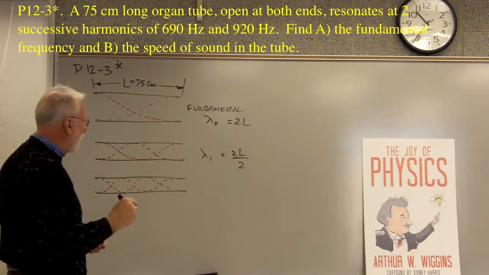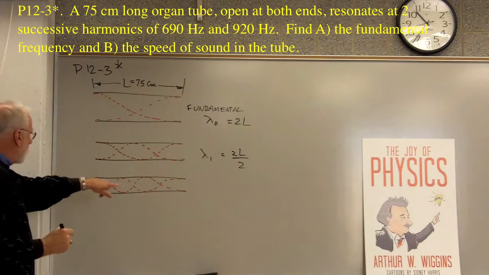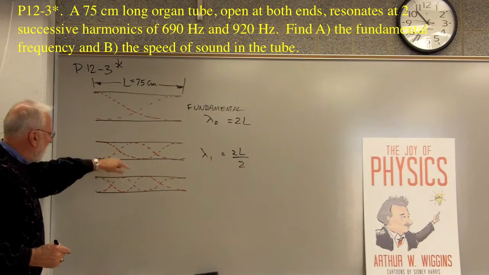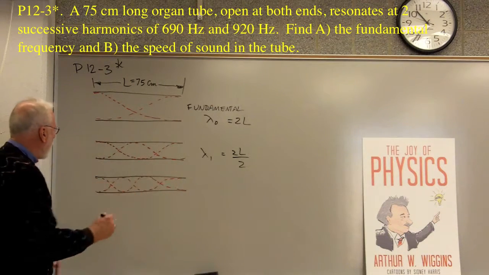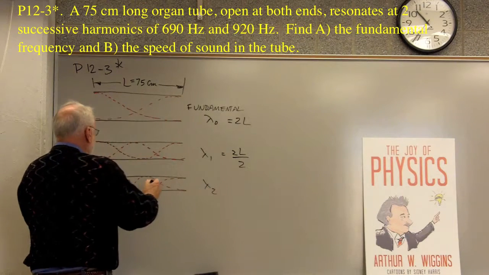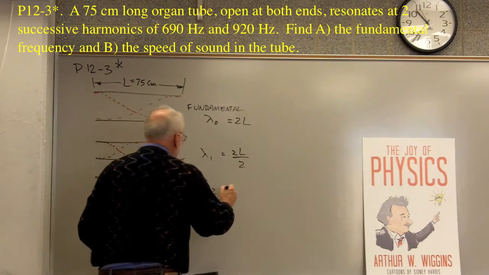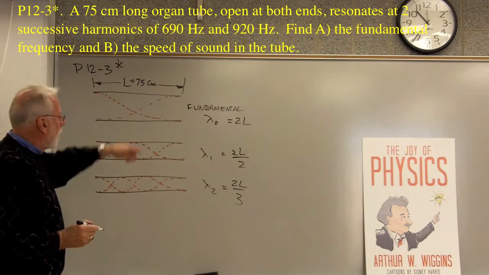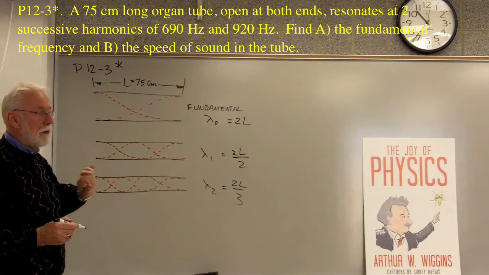But you'll see a pattern that develops. Here's the next one. In this case, antinode at this end, then the rest of the wave, antinode at the other end. And so in this case, lambda 2 is 2/3 of L. So this is 2L over 3. This helps you to see the pattern, I think. It's 2L over 1, 2L over 2, 2L over 3, right?